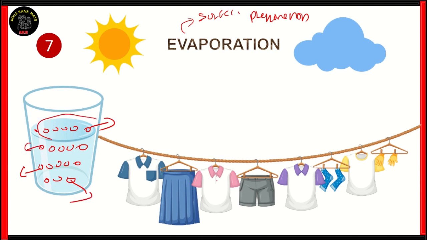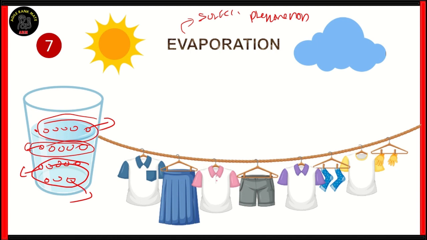The top layer of particles will have more temperature and the bottom layer would have less. The top layer of water would evaporate as the temperature increases, and then the second layer would get the heat, and it will also evaporate. This is why it is called a surface phenomenon, because each surface layer evaporates and evaporates.